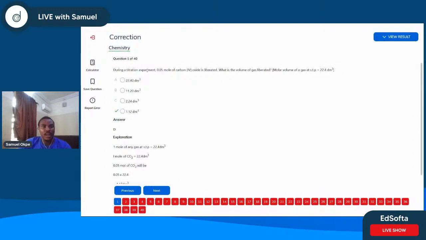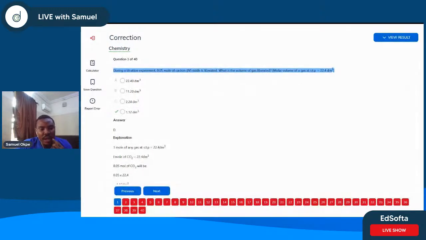So they are saying during a titration experiment, 0.05 mole of carbon dioxide is liberated. What is the volume of gas liberated? So how do we solve such a question? All we have to do is, we know that, based on some laws, so let me just switch screen.